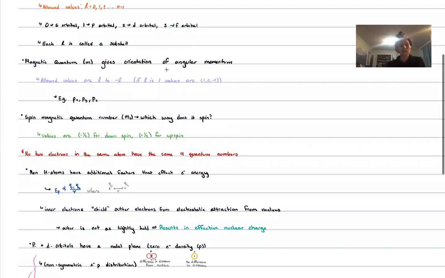Your magnetic quantum number: I thought it was kind of weird how we sometimes talked about orbitals as this big thing, when in reality each subshell has a certain number of orbitals. S only has 1 orbital, P has 3 orbitals, and D has 5 orbitals.